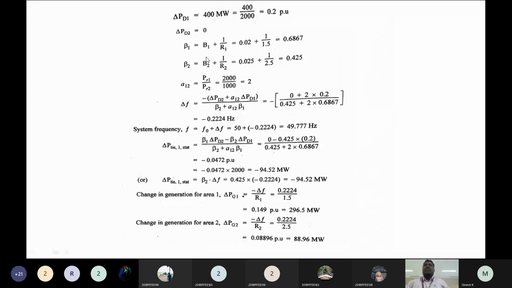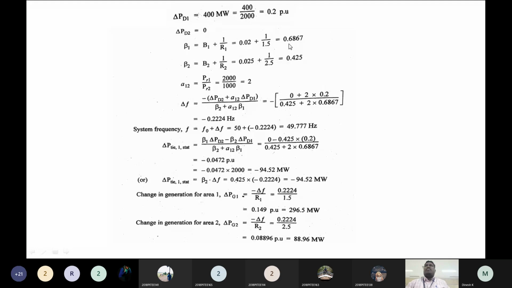So next is your change in disturbance power D1. A 400 megawatt disturbance is given, so 400 by 2000, 0.2. Disturbance 2 is not given, so it is 0. And next one is beta 1. Beta 1 is nothing but B1 plus 1 by R1, which is equal to 0.02 plus 1 by 1.5.